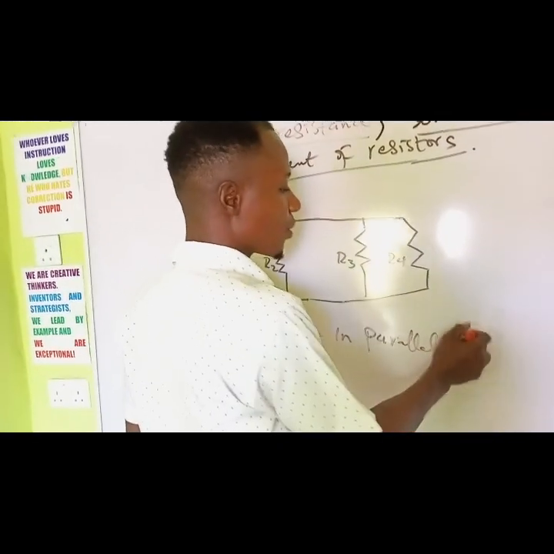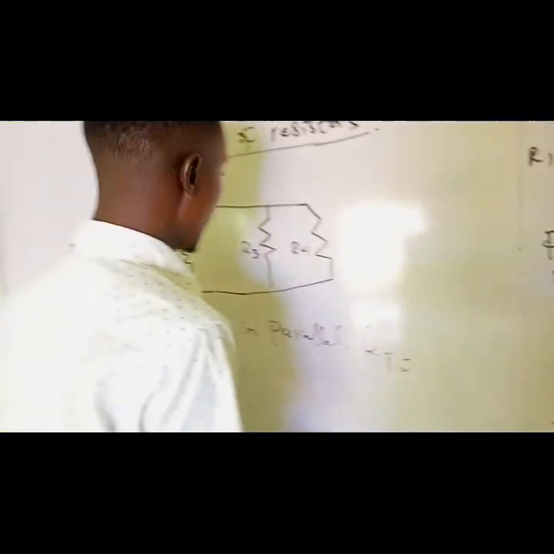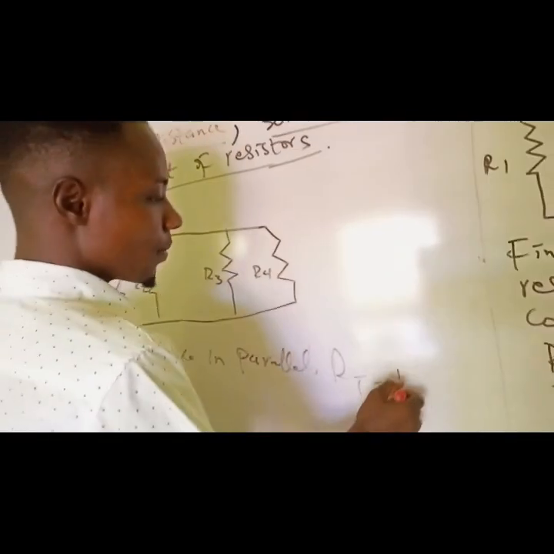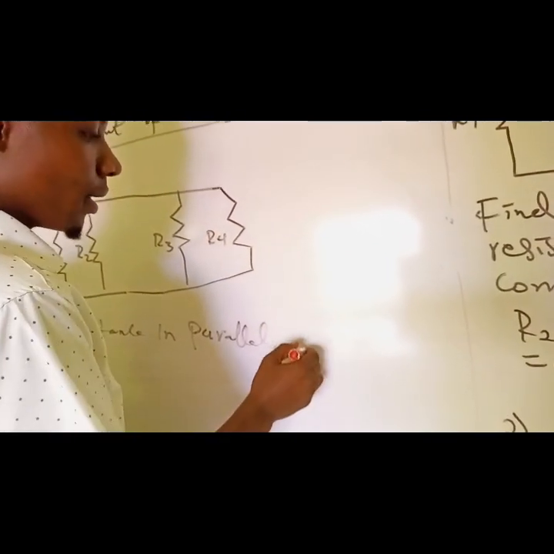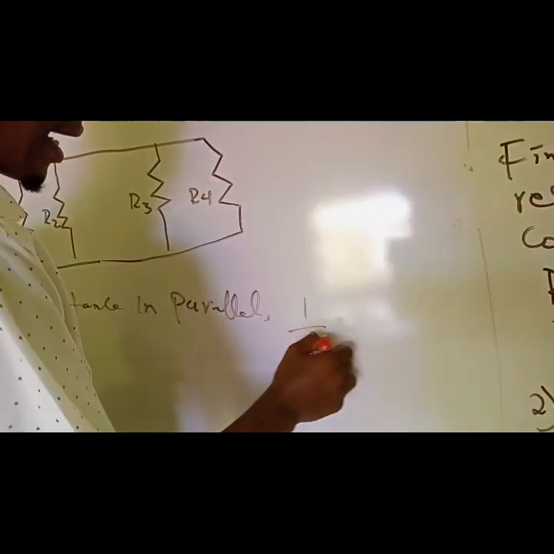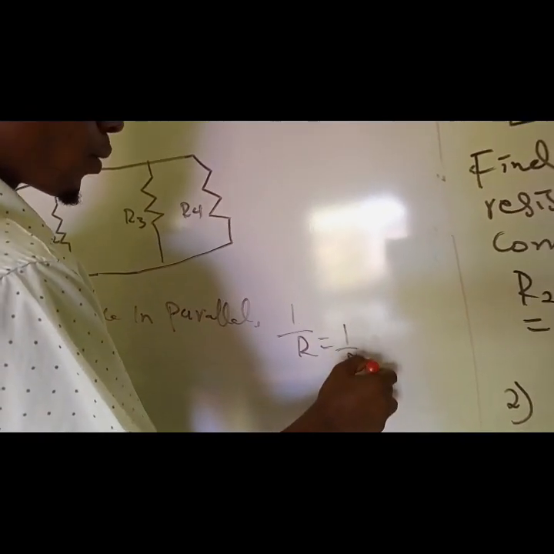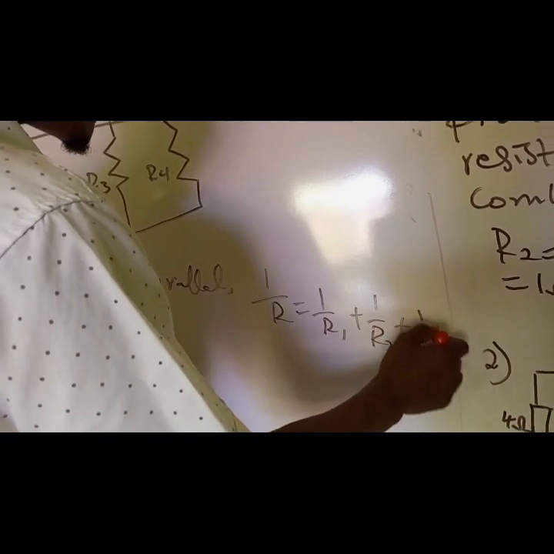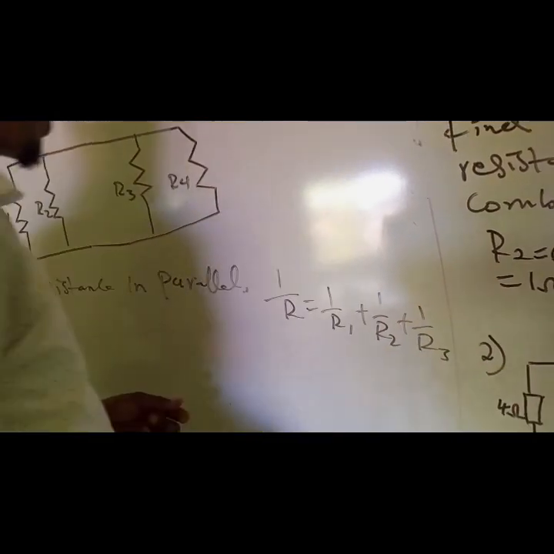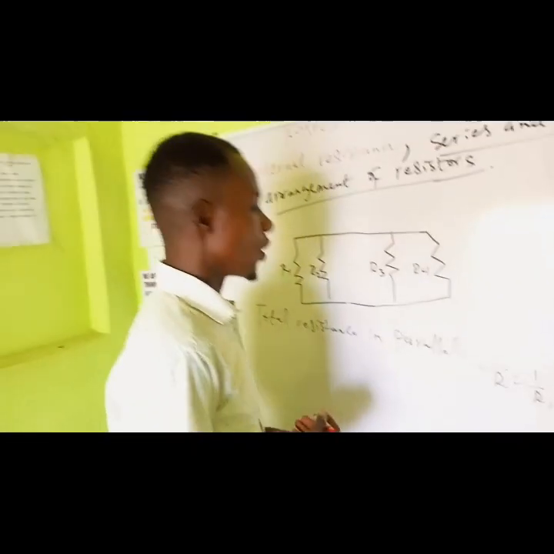So your R total in parallel is going to be the reciprocal, which means 1 over R equals 1 over R1 plus 1 over R2 plus 1 over R3, to infinity, or to where you want to stop.